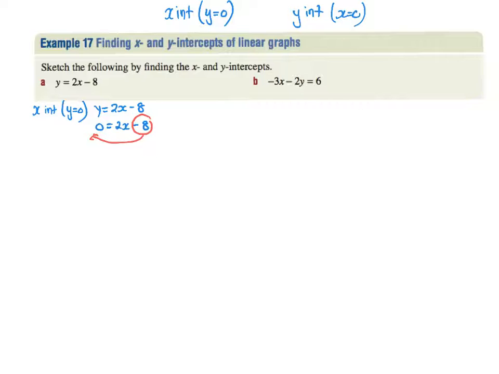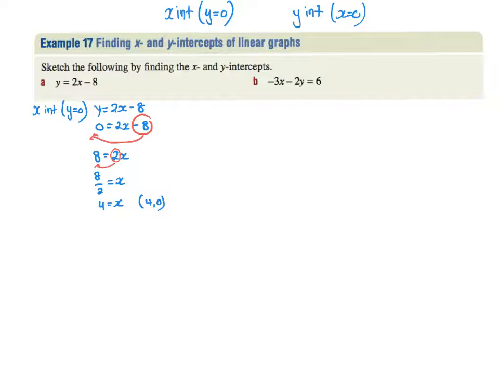So if I move it over, it becomes a positive, the opposite. And then I've got 2x, and then I'm moving this 2, which is multiplying, over an equal sign. So it'll do the opposite, which is dividing by 2. So what's 8 divided by 2? 4. So you know that the x-intercept is 4. So you know the coordinates of the x-intercept is 4 and 0.